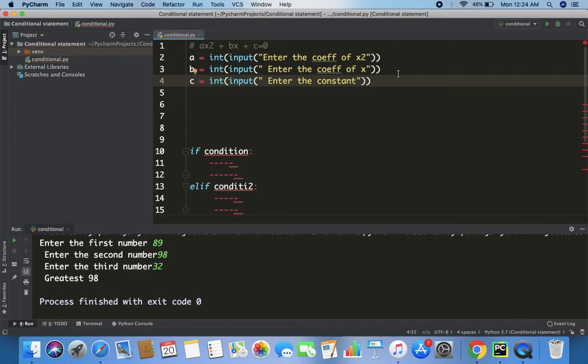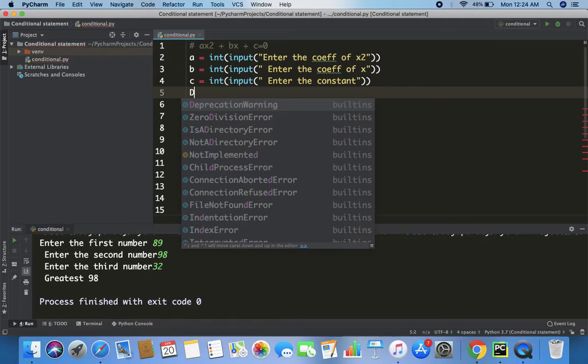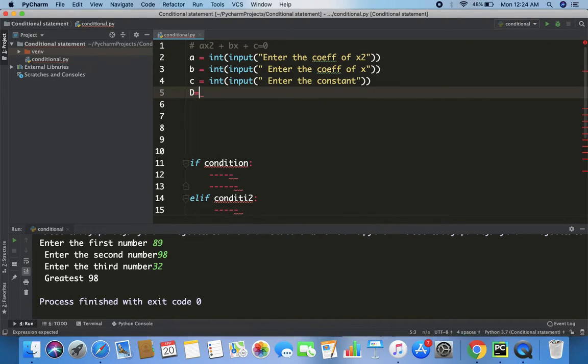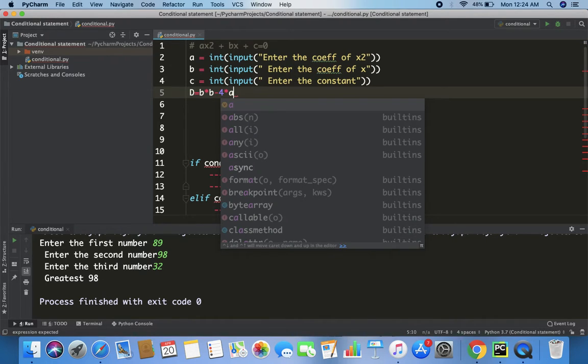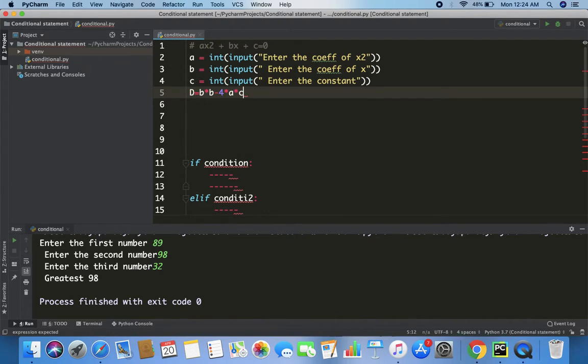After all these three coefficients are entered, the program calculates the discriminant of the equation, since d is b square minus 4ac. So this is b into b minus 4 into a into c. This gives you the discriminant.